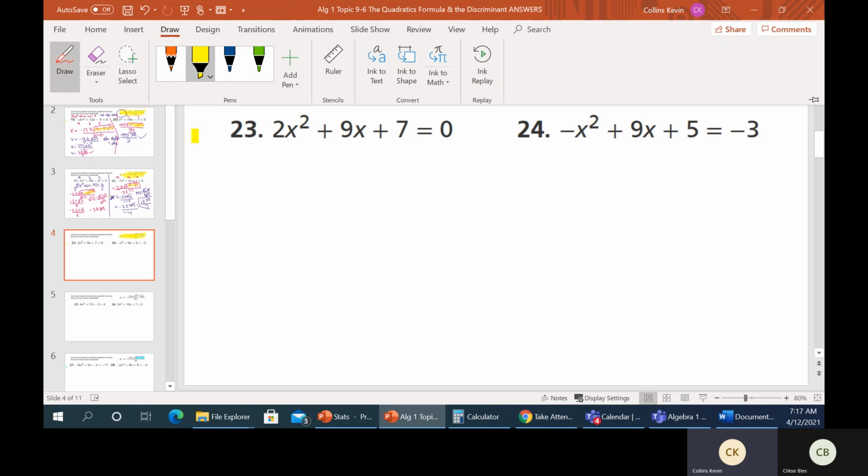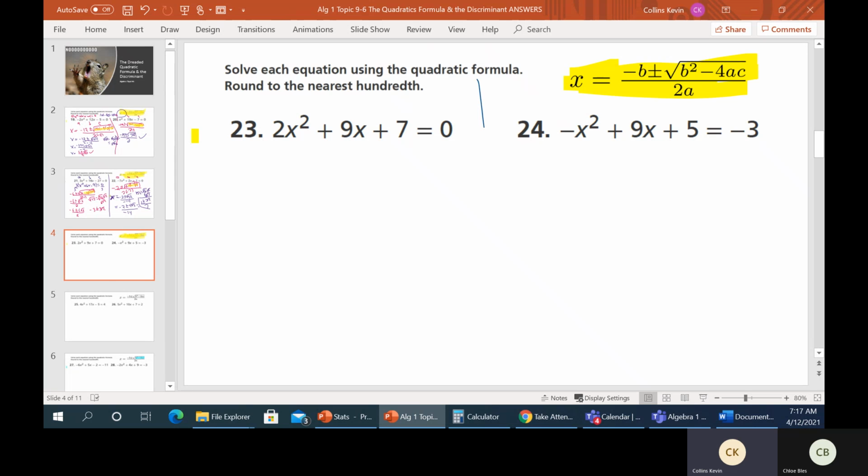All right, so let's try these guys out here. We'll go ahead and split this up. Okay, so again, this is A. So A is 2, B is 9, and C is 7. All right, so we just go ahead and plug in the numbers. So if B is 9, that means minus B is minus 9.